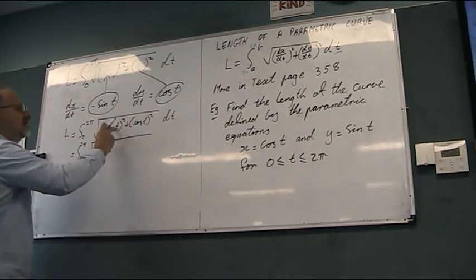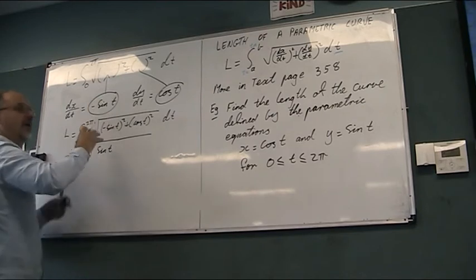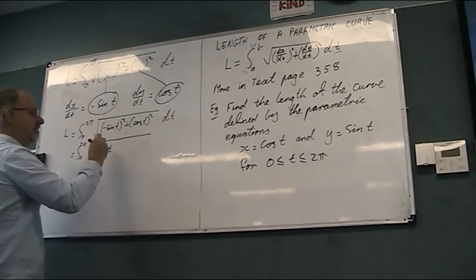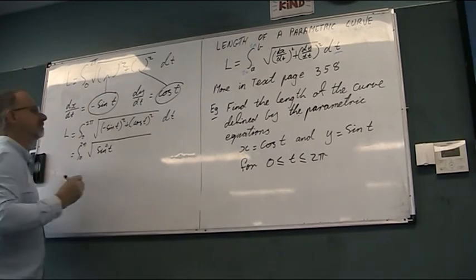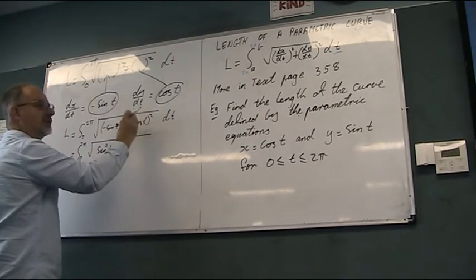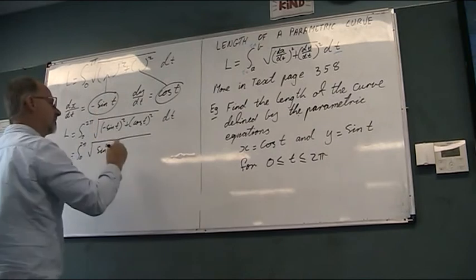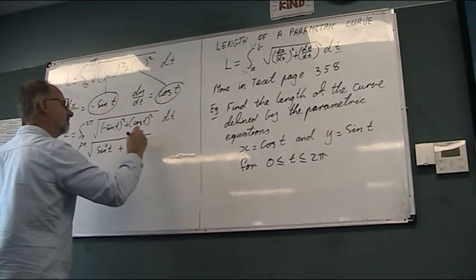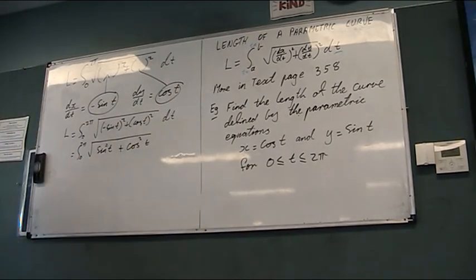Be careful, it's not just the t that's squared, it's the sine of t that's squared, so it goes here. Same with the cos, it's not the t that's squared, it's the cos of t that then gets squared.